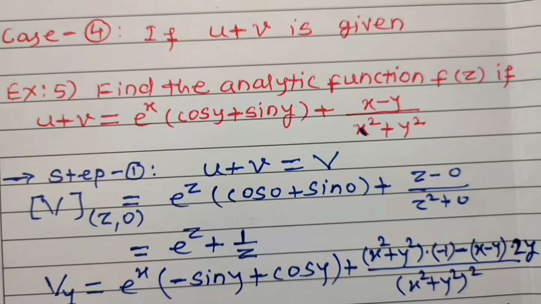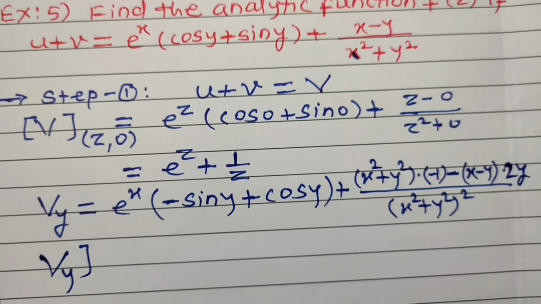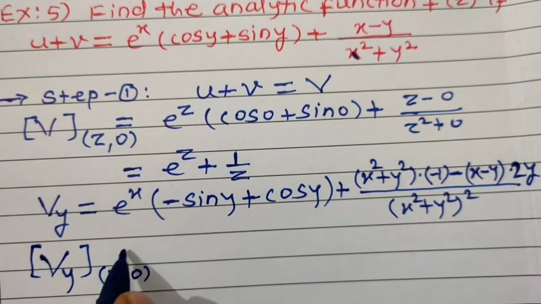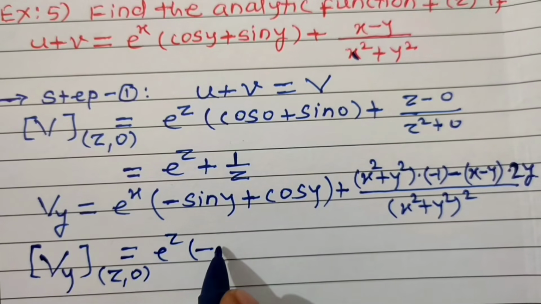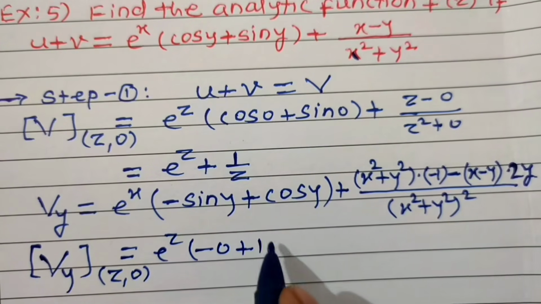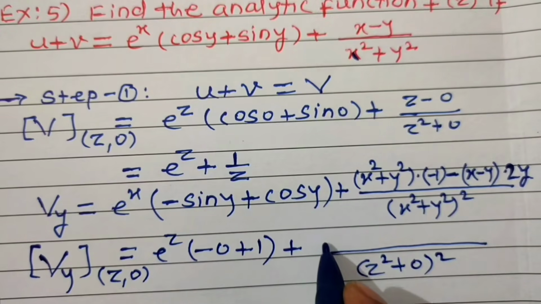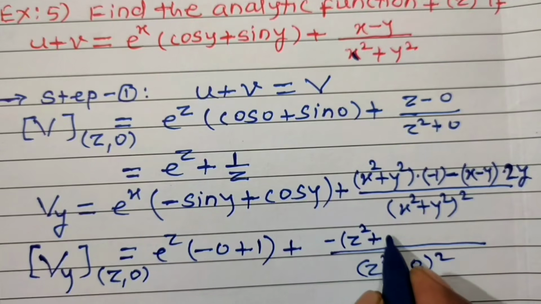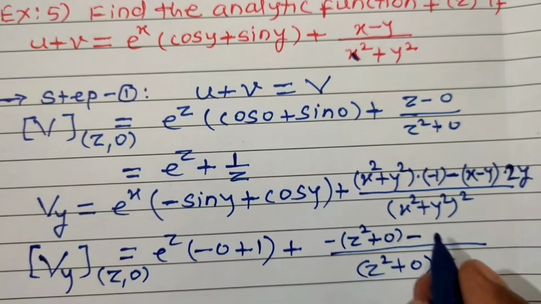Now we have to simplify this. We have to find it at x equal to z and y equal to 0. This is equal to e to the power z times minus sin 0, which is 0, plus cos 0, which is 1, plus z square plus 0 square, its square here, minus this minus 1, z square plus 0 square, that is 0, minus y equal to 0 means 0 into something, that is 0.